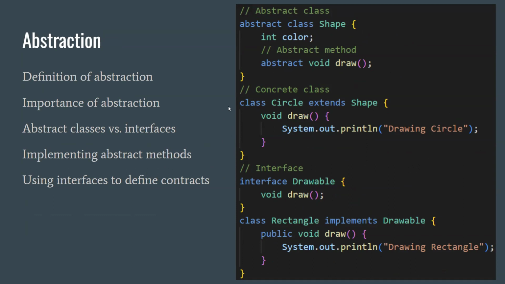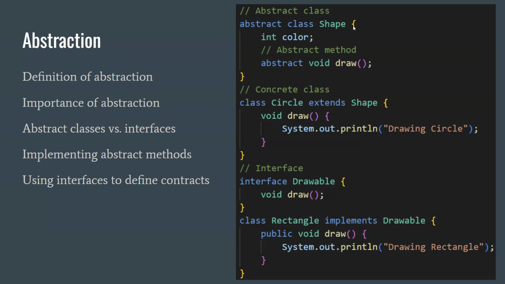An abstract class cannot be instantiated and can include abstract methods, which are methods without a body. Interfaces, on the other hand, allow you to define a contract for what a class can do without specifying how it does it. So let's look at this simple example.